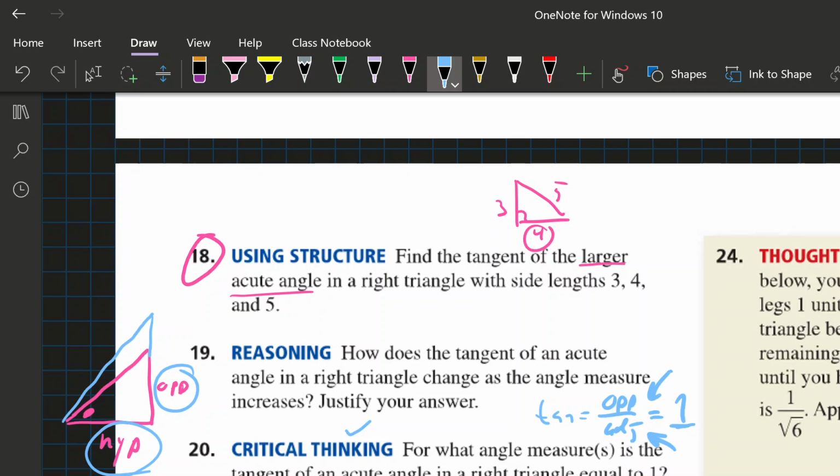How do they turn out to be 1? And then when is it greater than 1? That kind of relates to number 19 and thinking about when you increase that angle. Less than 1, same thing.